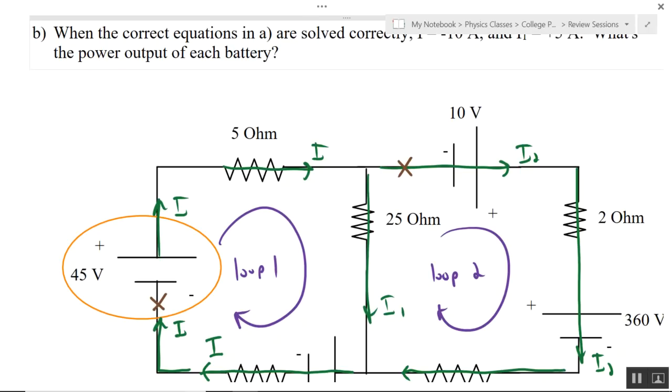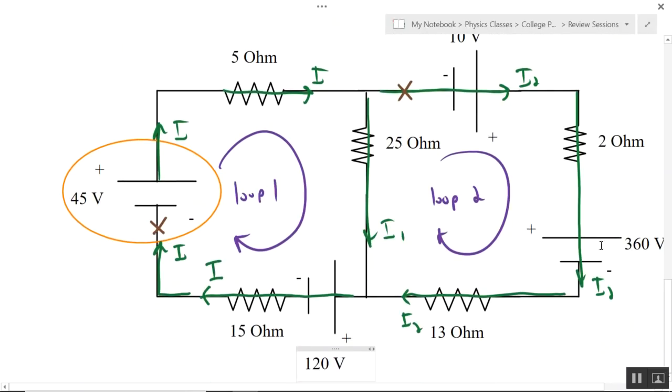Does anyone have the power output for, say, the 45-volt battery? -450. Okay. Yeah, that sounds pretty good. Okay, what about the, I'm going to pick 2, and then I'll just do them all. What about the 360-volt battery? 5400. Yeah, okay, that's good.